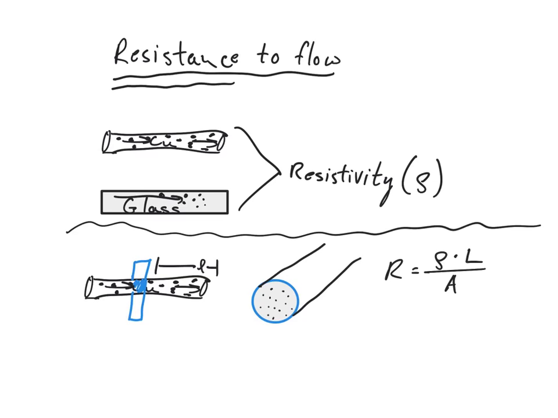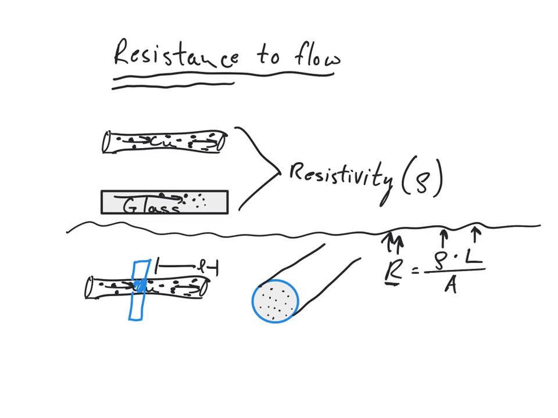Now, a couple things should stand out to this. First of all, resistivity is directly proportional to resistance. So if it's more resistive to flow, the wire is going to have more resistance. Additionally, length is also directly proportional to resistance. A longer wire means you're going to have more resistance.